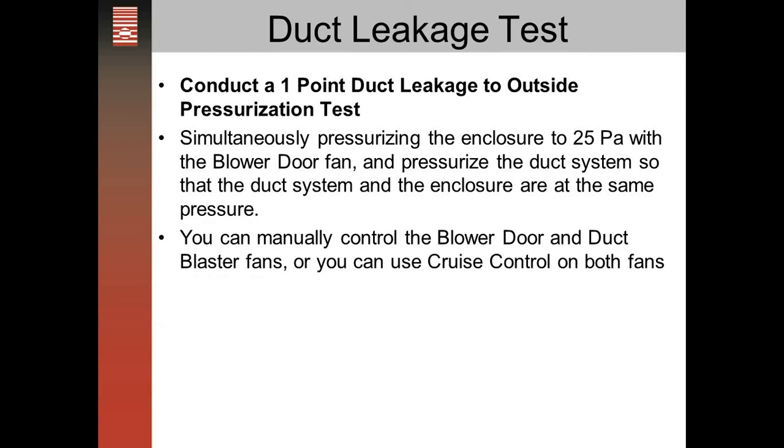One thing to keep in mind with the Duct Blaster gauge when you're cruising 0, and the same is true with the flow blaster, is you would set the gauge to either cruise 0 or -0, and the difference between 0 and -0 is you want to tell the fan on which side of 0 to speed up and which side of 0 to slow down.